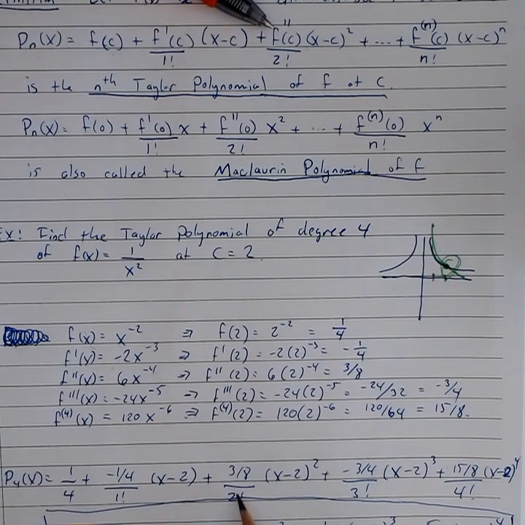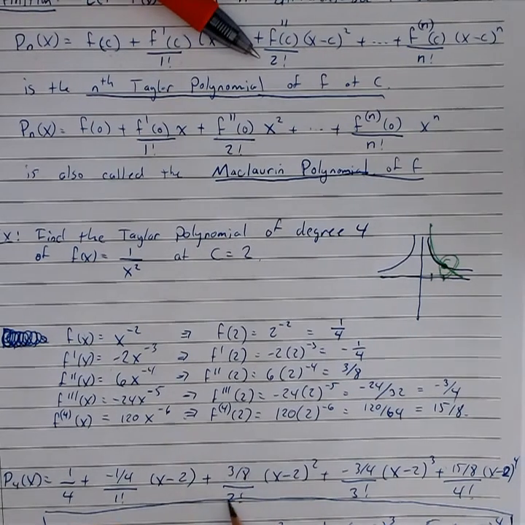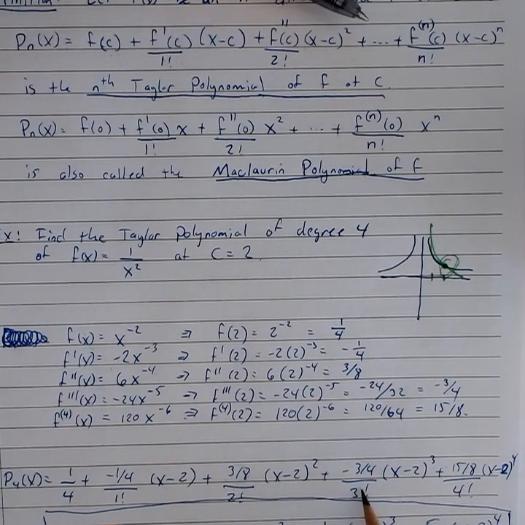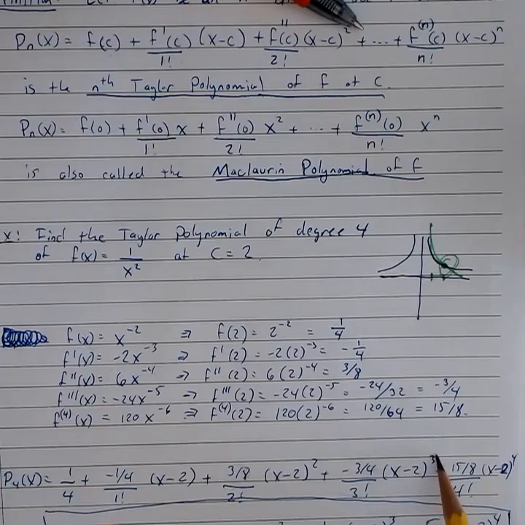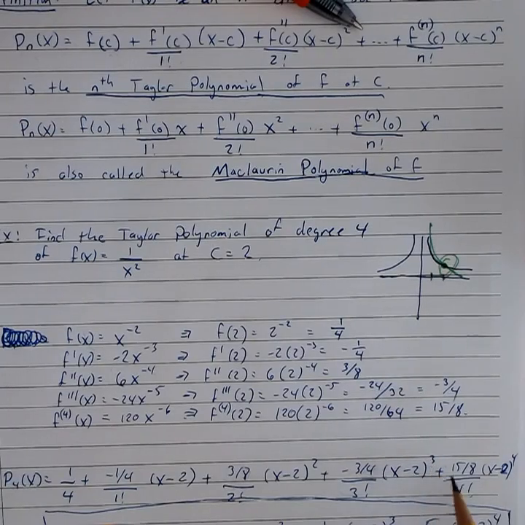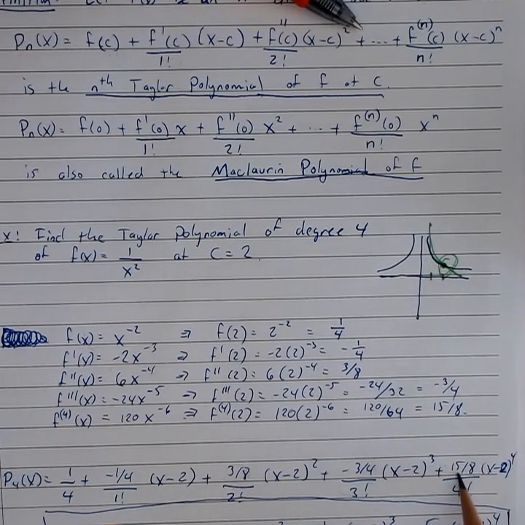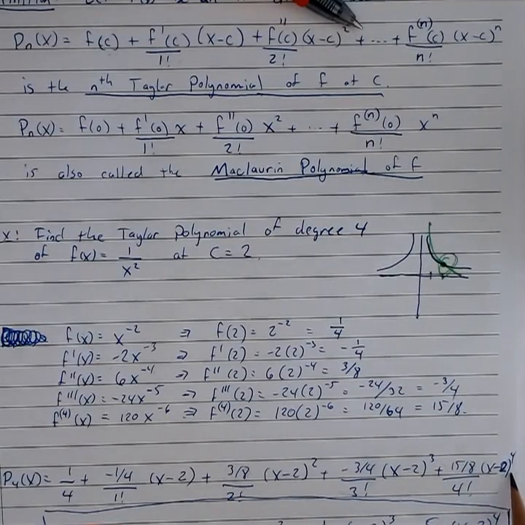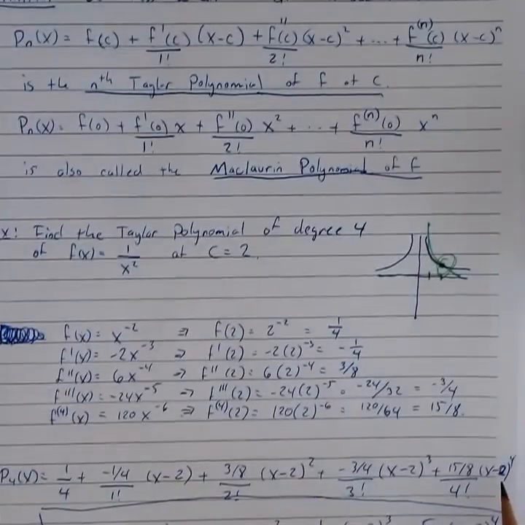That's going to be my f double prime over 2 factorial x minus 2 squared. Plus, and I just keep going, this is going to be my f triple prime over 3 factorial times x minus c to the third power. And finally, I have my f quadruple prime, that was this number right there, over 4 factorial times x minus 2 to the 4th power.